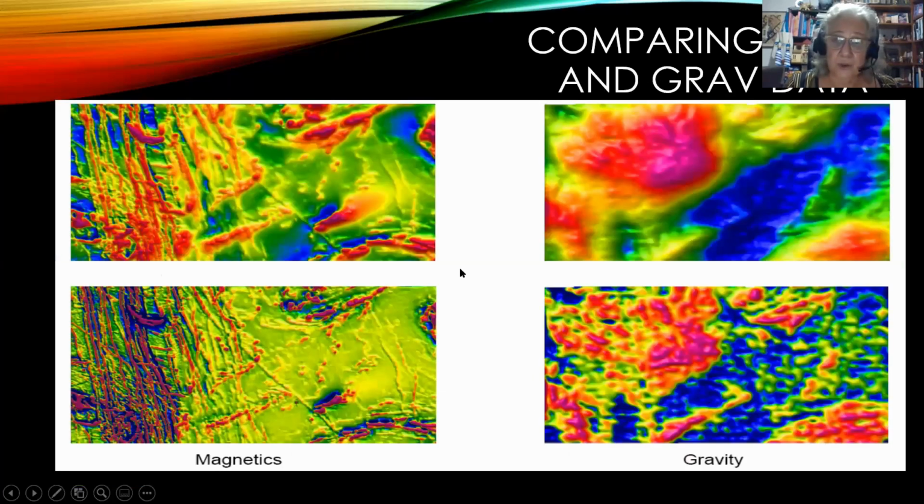And then when you compare MAG and GRAV data, you can see that MAG gives a lot of structural information, and you have some correlation, but some not correlated.